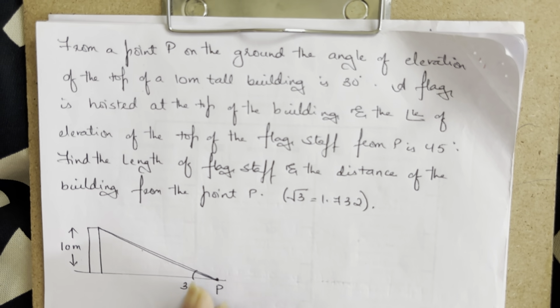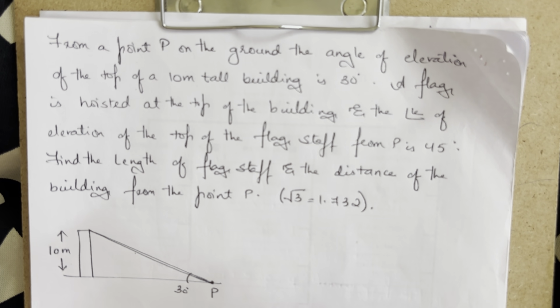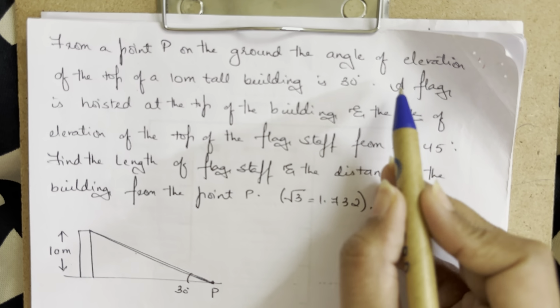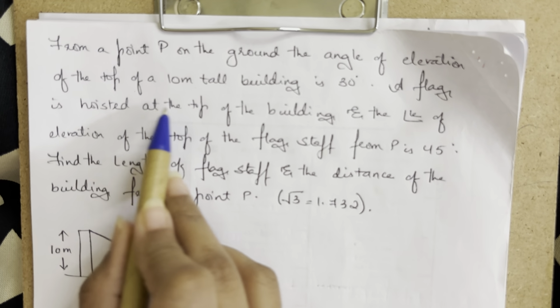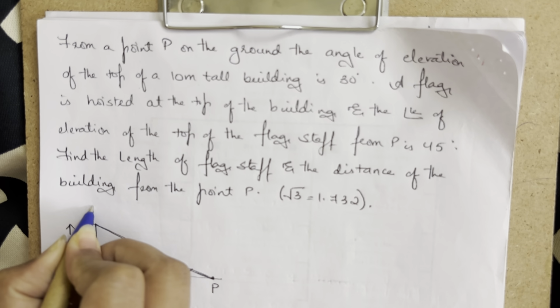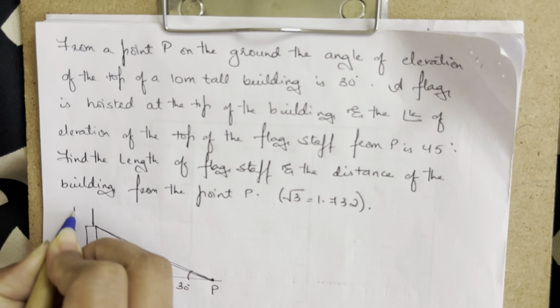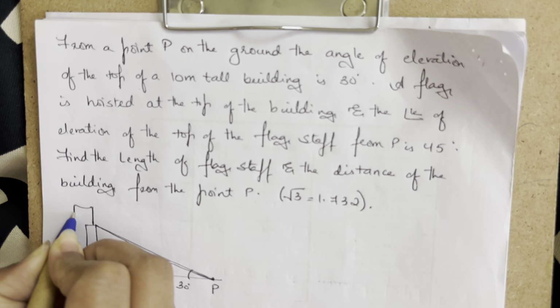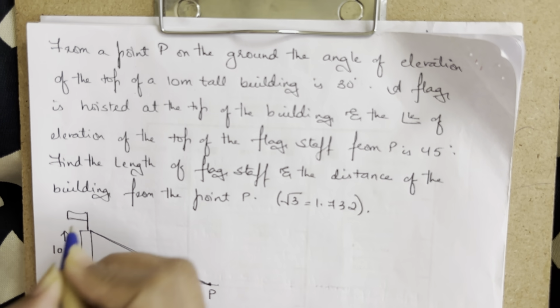As and how I'm reading, I am drawing the figure, so that it becomes easy for you to do it. The next is a flag is hoisted at the top of the building. Obviously at the top of the building you're going to hoist a flag. So the flag is somewhat hoisted like this.